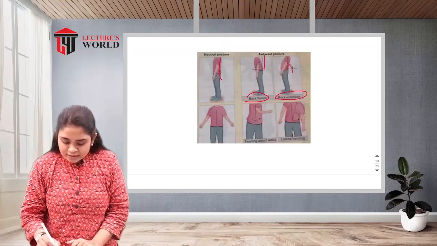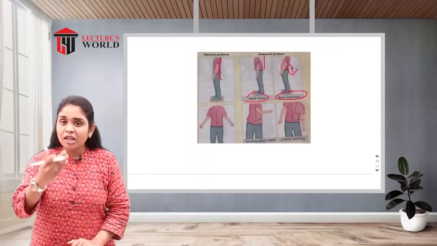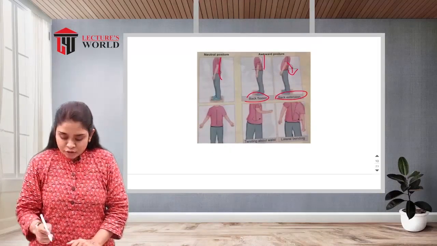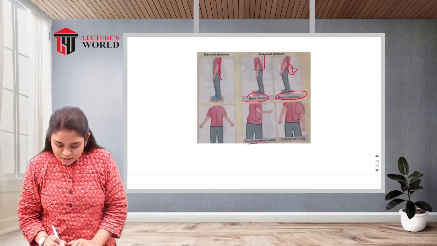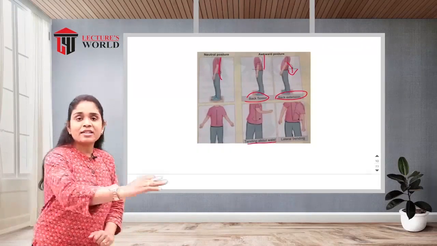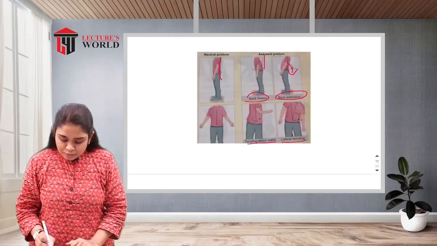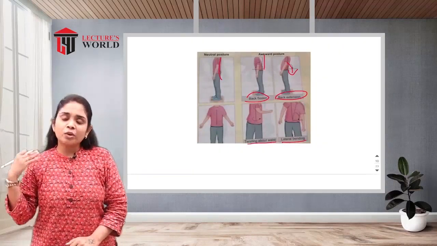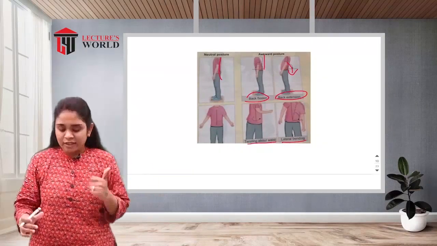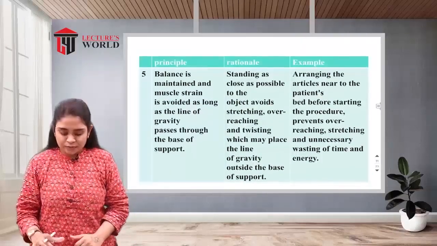If we are bending like this, that is known as back flexion, and if we are leaning a little forward, that is also back flexion. Then twisting about the waist, when we twist like this. Then the lateral bending is when you bend with one shoulder down and one shoulder up. Okay, so these are some mechanics you can use.